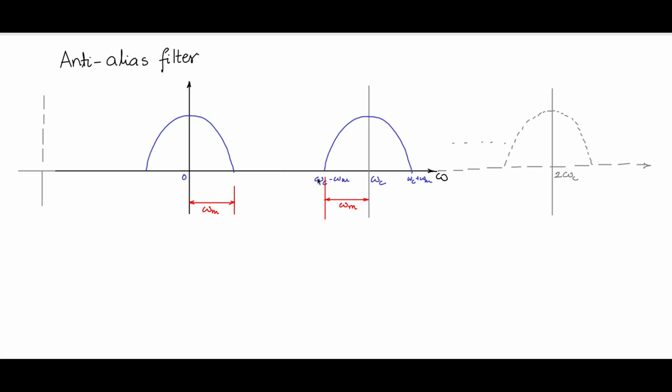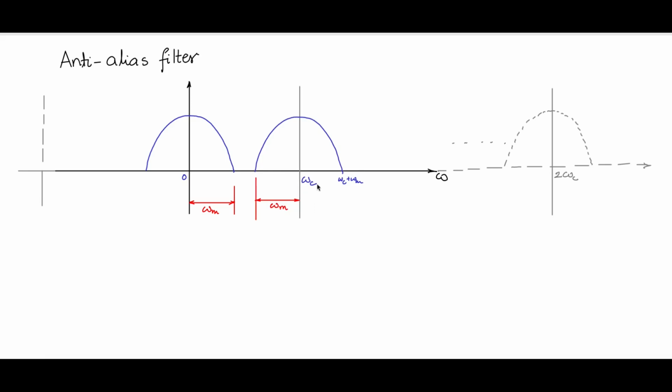So let me erase this and remove this also, so that when I am moving it becomes clear. I am reducing the sampling frequency, or the carrier frequency, continuously, and you see that this keeps moving closer and closer. At this value, omega c is just about twice this band limited baseband value omega m, that is 2 times omega m.